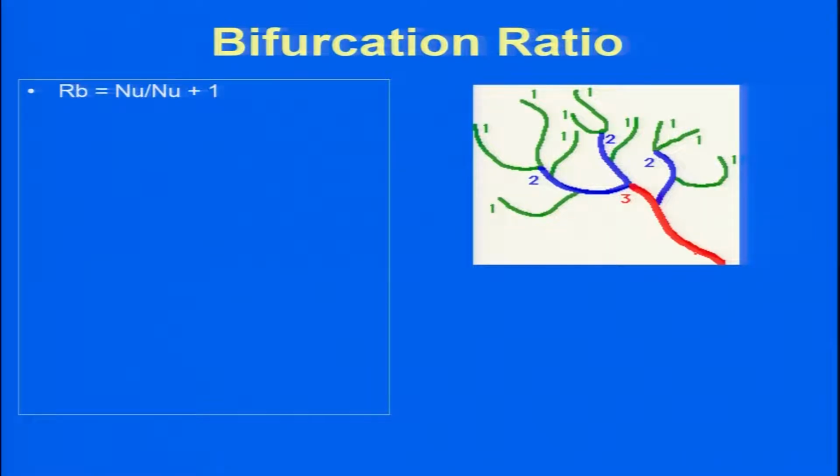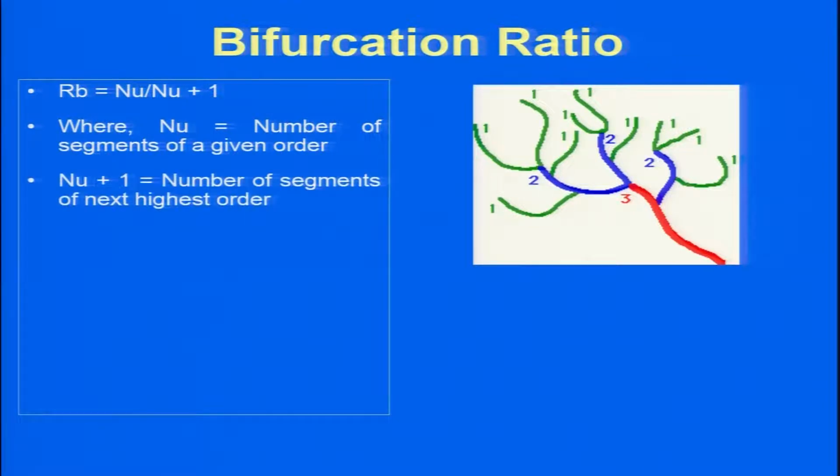So you can easily calculate the bifurcation ratio, which is given as Nu by Nu plus 1, where Nu is the number of segments of a given order, and Nu plus 1 is the number of segments of the next higher order.